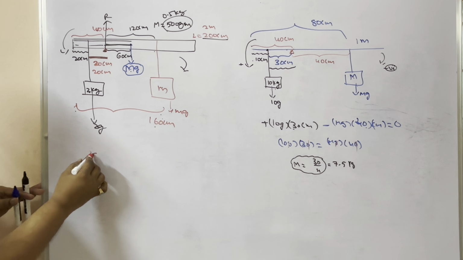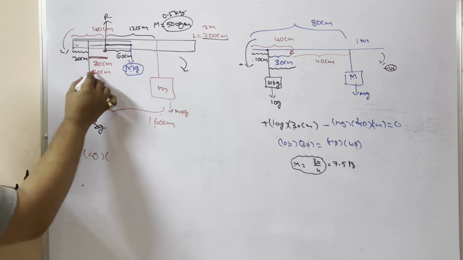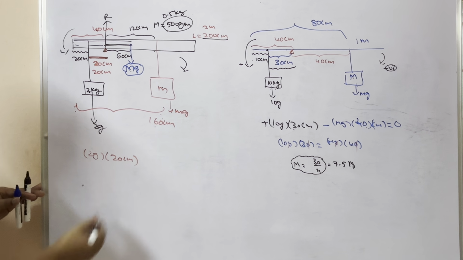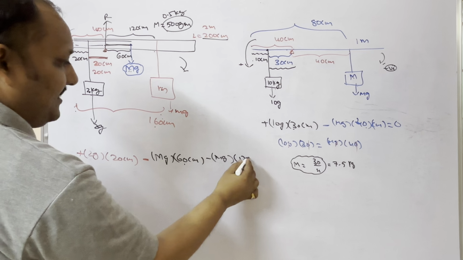So 2g into what is the distance from the fulcrum? 2g is acting at 20 centimeters. This is positive. Otherwise, instead of writing negative, you can write it on that side. Otherwise, write negative: capital Mg is acting at 60 centimeters, minus small mg, which is acting at 120 centimeters.